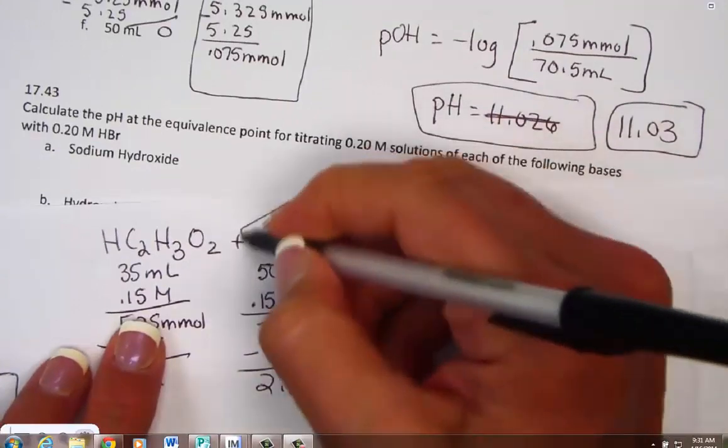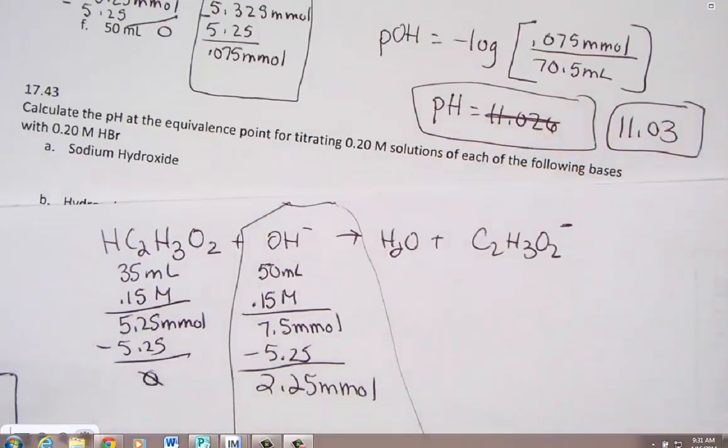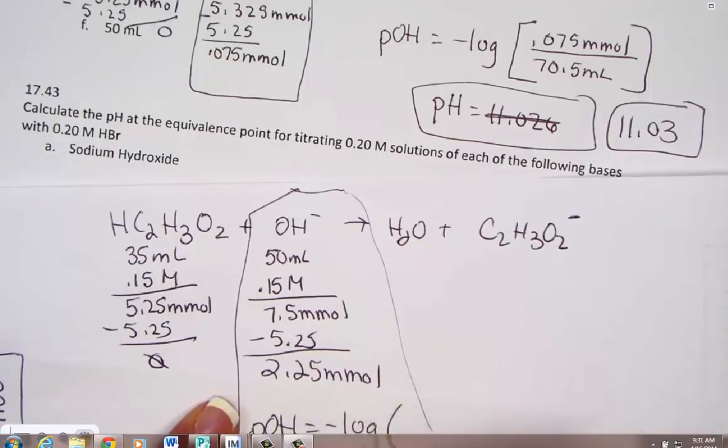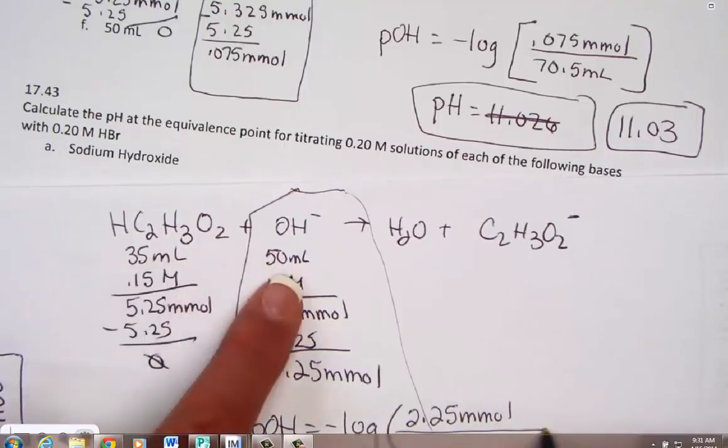Since this is strong, I don't care about any kind of Ka, Kb's, it's straightforward chemistry. I can find pH by simply taking the new molarity of that excess reagent, 2.25 millimoles, over the new combined volume, 85 mLs.